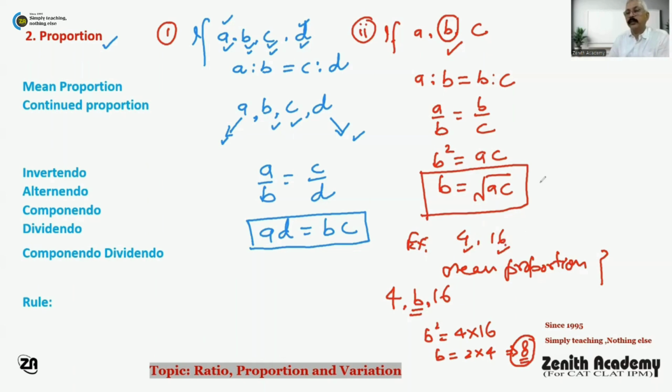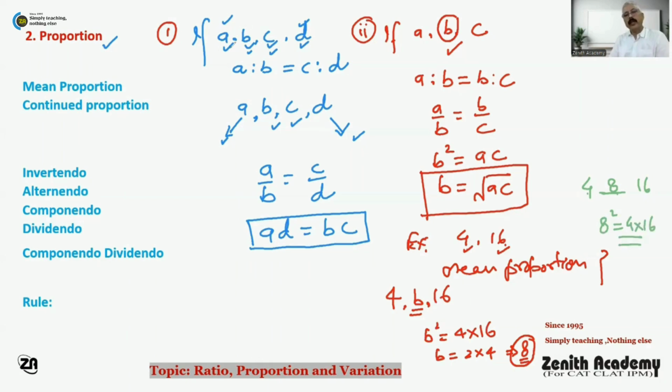You can check it that as per the definition of proportion, if we put this 8 between 4 and 16, then B square is equal to the product of extremes. So got it? I think it is clear.